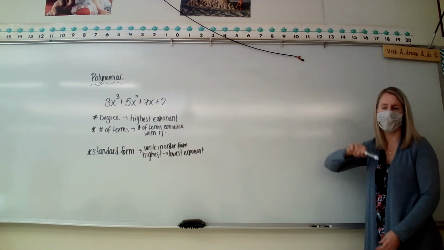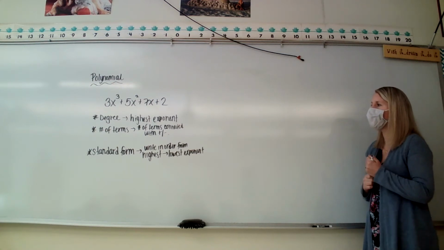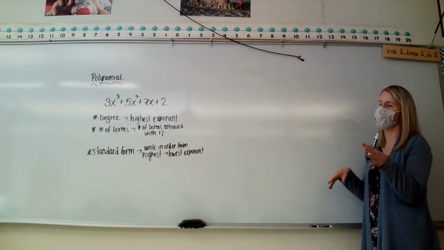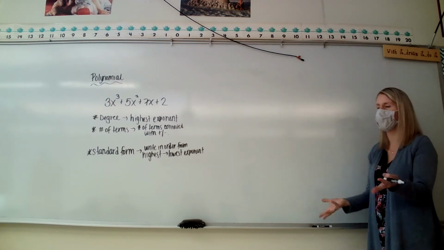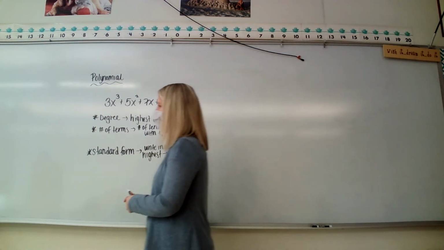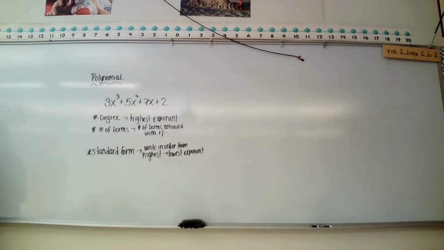I don't want to rush to erase, so I'll give you another second. We basically are going to have 2 little charts that we're working off of. One based on the polynomial's degree, one based on the number of terms, and I'll show you how we name them from there. I'll give you another few seconds. I hate writing super small, so I'll just erase.